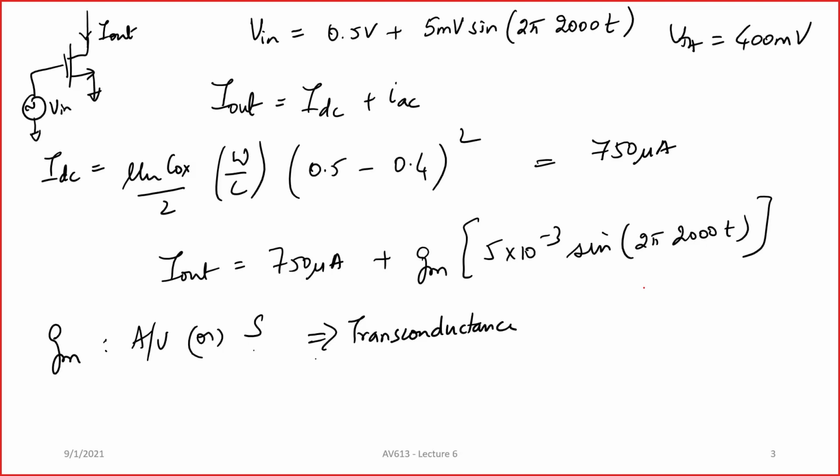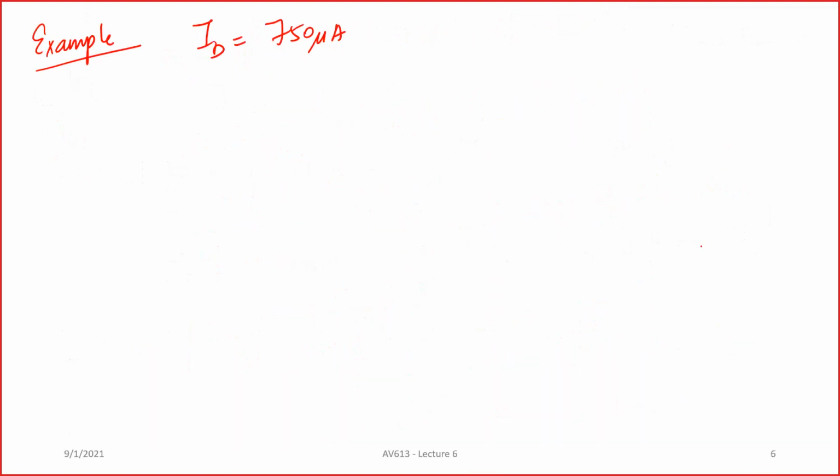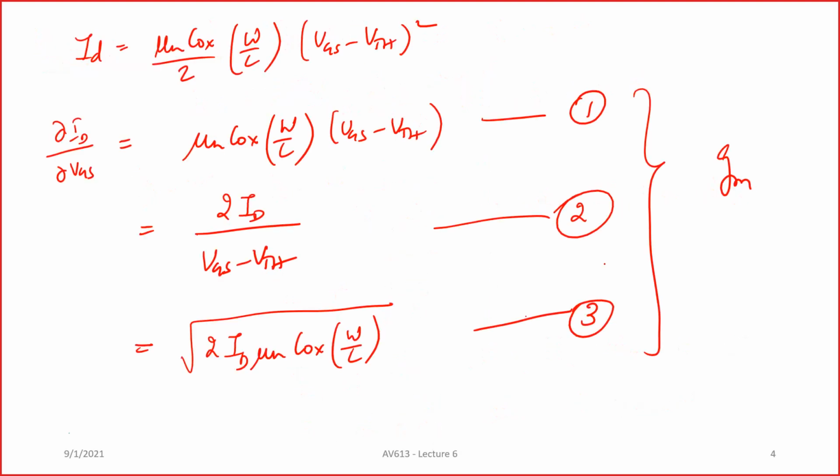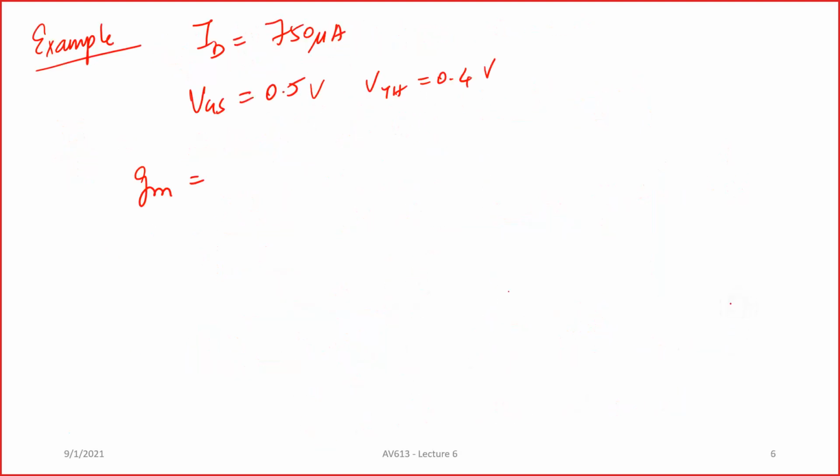So what will be your GM? You can use any one of the three expressions. With the data that you have, the second expression is what you can easily use. So GM is given by 2 times ID by VGS minus VTH, right?